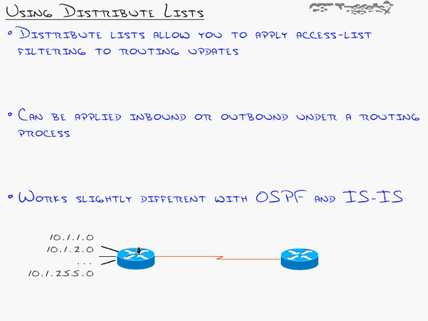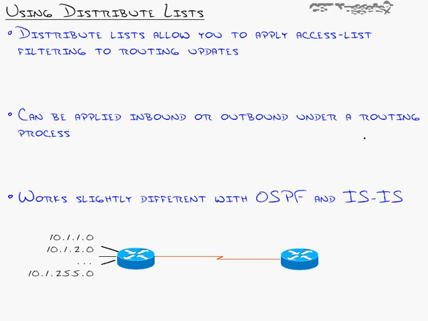When it sends an update out, based on the interface that it goes out, we'll say Serial 0, it's going to check whether there is a distribute list applied to that interface. If so, it checks that distribute list, which is tied to an access list, that gives it a list of allowed updates to go out. So maybe 10.1 isn't allowed, but all the rest are, because 10.1 is some subnet that you don't want people to know about.